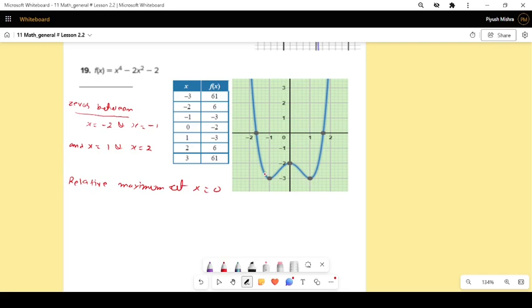And you can see there are two minima, one is this one and the other one is this one. So you will say relative minimum at x is equal to -1, this is the point, and here this is the point, so at x is equal to +1.